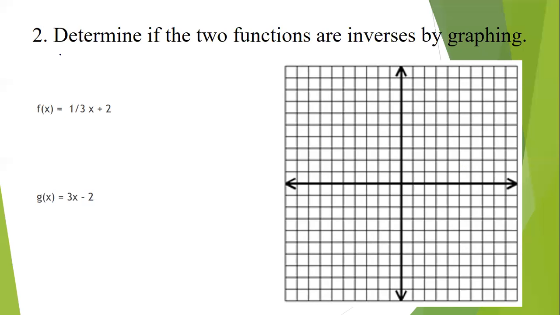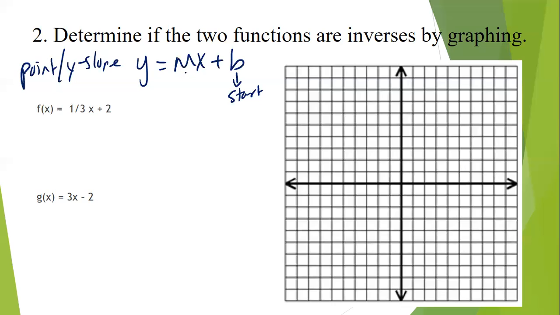So if we're in slope-intercept form, that means we have y equals mx plus b. Agreed? Your b is where you start. Your m tells you where you're going. Make sense? Your b tells you where you're starting, and your m tells you where you're going.